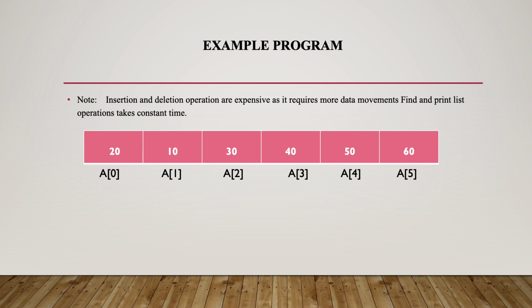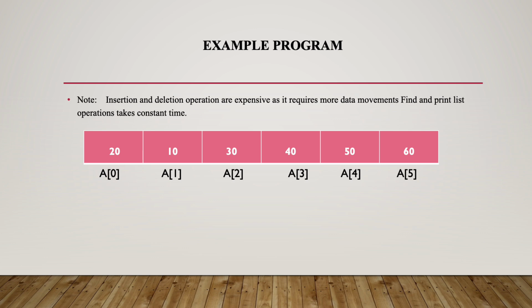And at index 2, we have the value 30. If you want to get the second value, what is the second value here? 10. We simply write the code printf with A of 1 inside the brackets, and it prints 10 immediately.